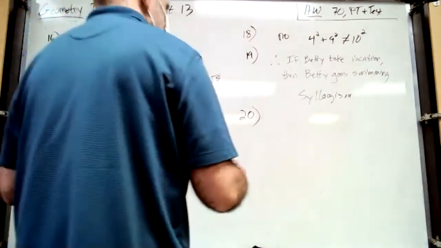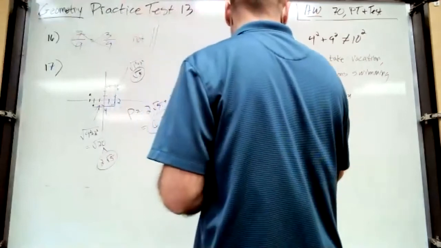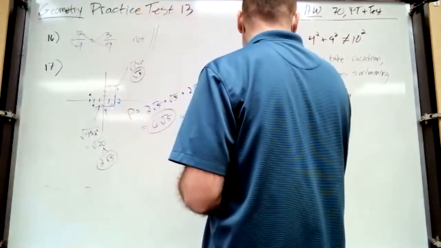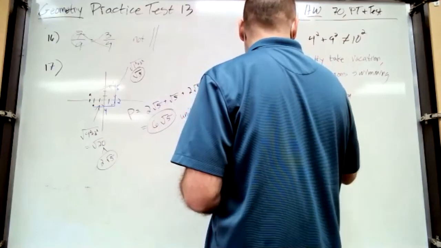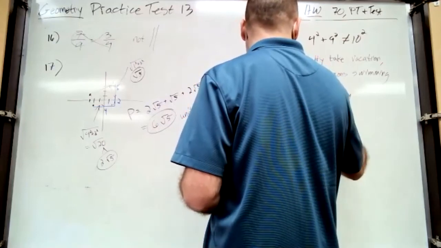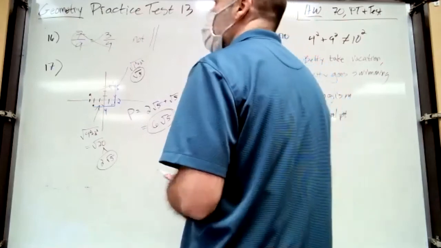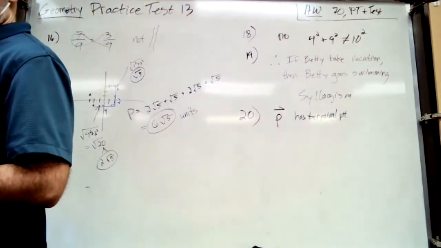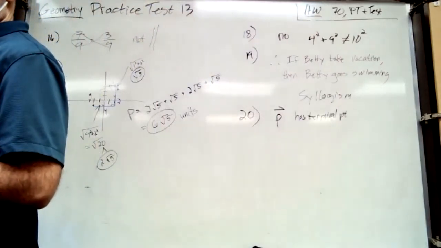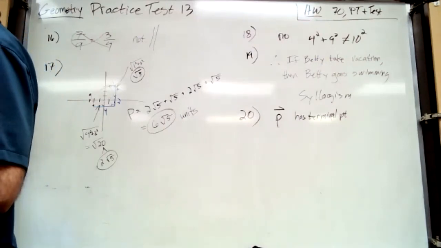Okay. So we're just doing the terminal point. So P has a terminal point of what? What's the terminal point of vector P? Which one's P? P is the top one.